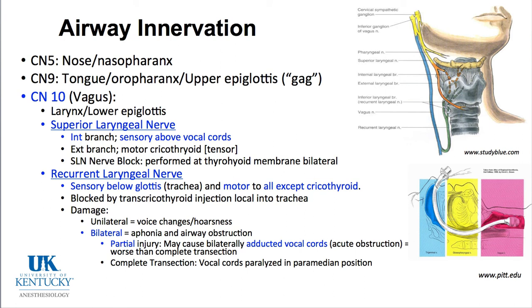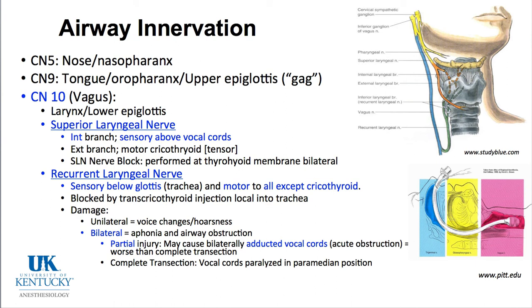The recurrent laryngeal nerve can be damaged and it can be cut, totally separated and transected. If it's unilateral, you tend to get voice changes and hoarseness, but if it's bilateral, you can get into real obstruction and problems. If it's a partial injury, such as someone takes a forceps and squeezes it on both sides and damages it but doesn't totally transect it, the cords can end up actually bilateral adducted and together and cause an acute obstruction requiring tracheostomy.